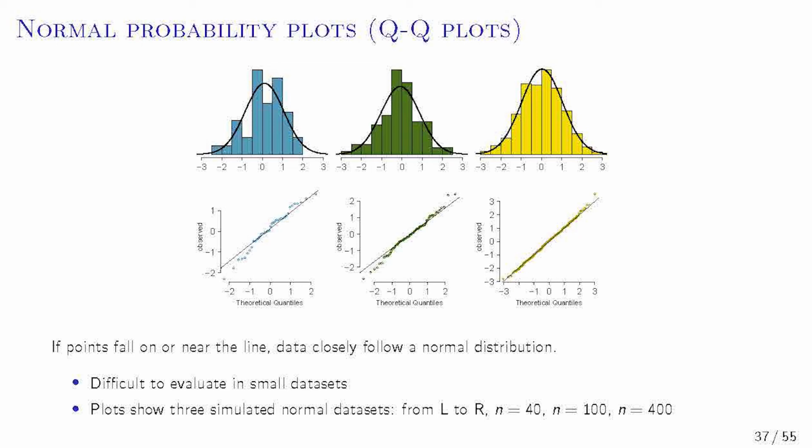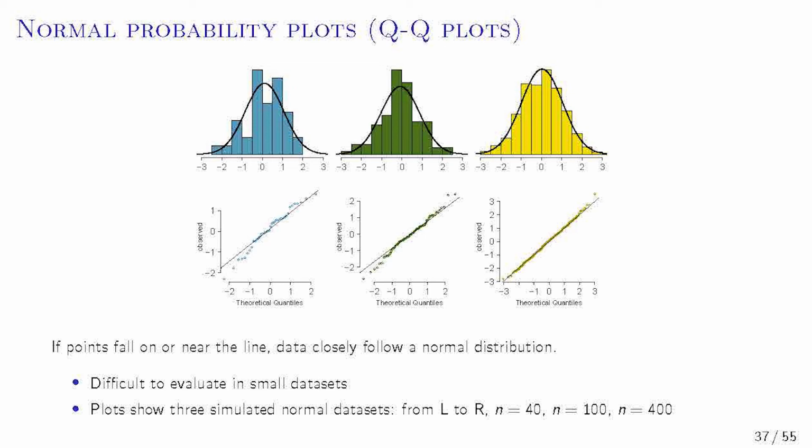Independence is something we're going to think about. We're going to think about how the study is designed and how the observations are measured. Normality is something we can assess by looking at, again, the histograms or the QQ plots.